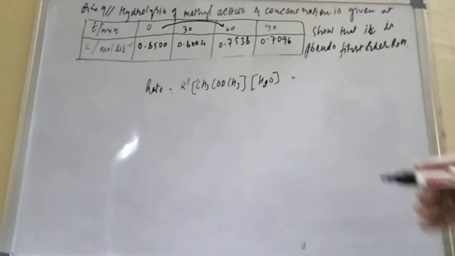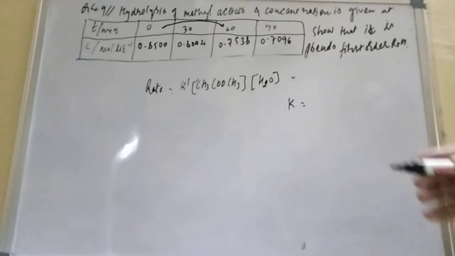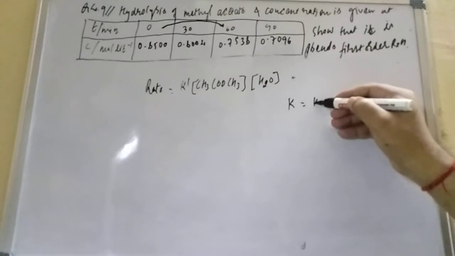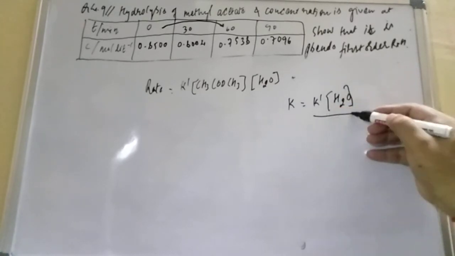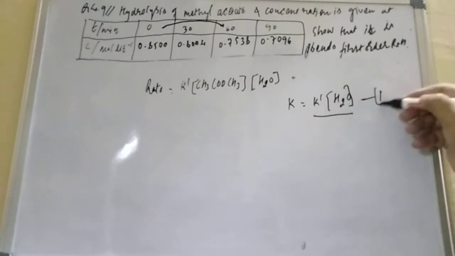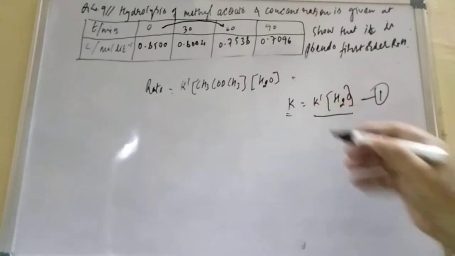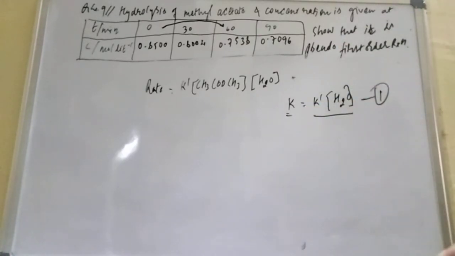I told you that K is equal to K dash H2O. So K you already calculated, H2O concentration is given as 55, so K dash you can calculate, because they are asking for the rate constant K dash in the equation.